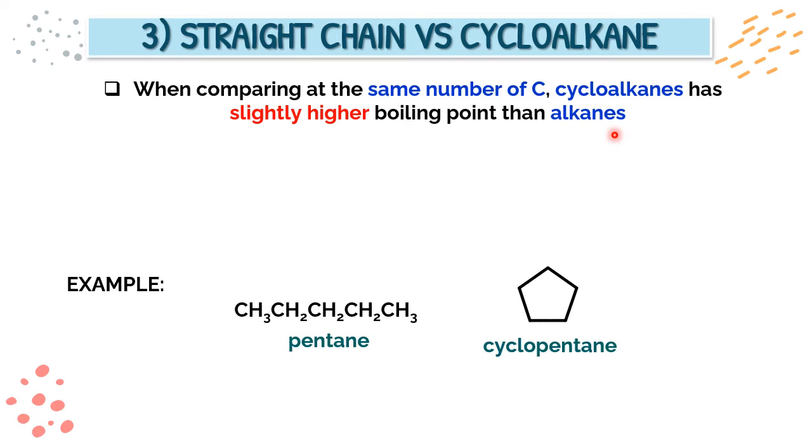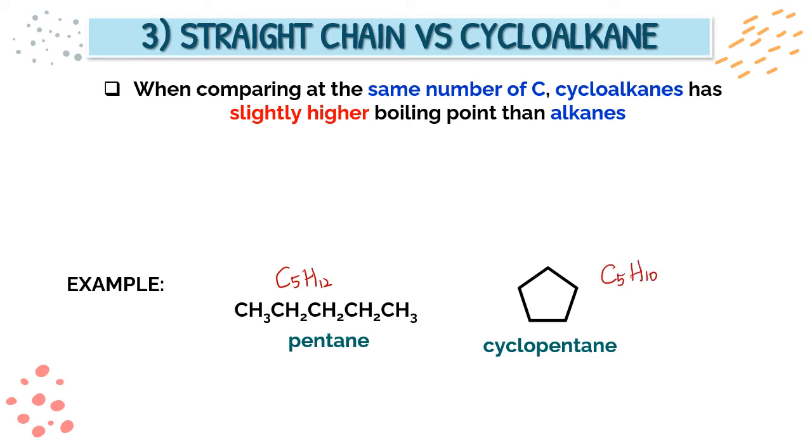For example, here I have pentane and cyclopentane. The molecular formula for pentane is C5H12, and for cyclopentane it is C5H10.